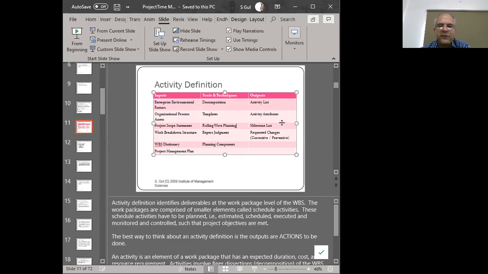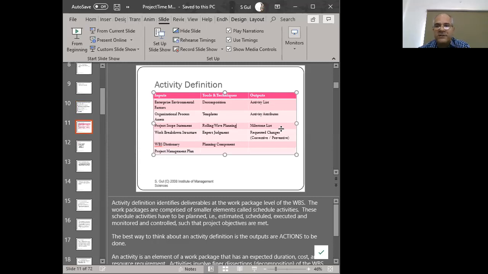We have this idea of rolling wave planning, meaning that we may not decompose the entire WBS at the beginning. Rather, we may decompose those activities that are impending, that have to take place in the immediate future. So those things that are not impending will be left at a higher level of abstraction. And those things that are impending will be decomposed at a greater, or deeper, level. That's the idea of a rolling wave.